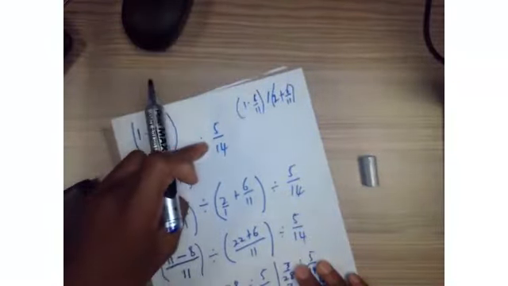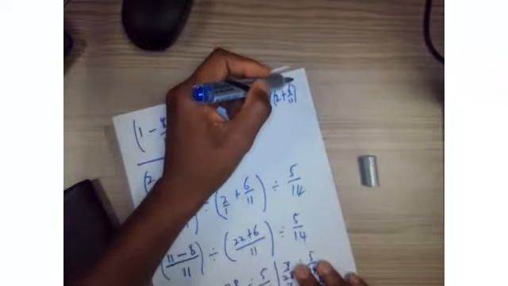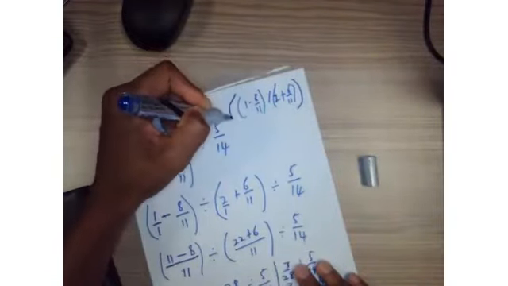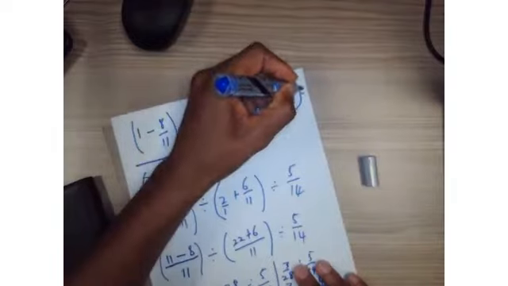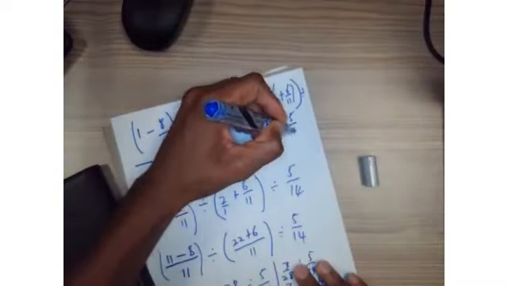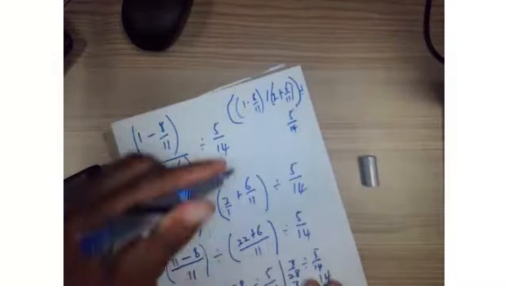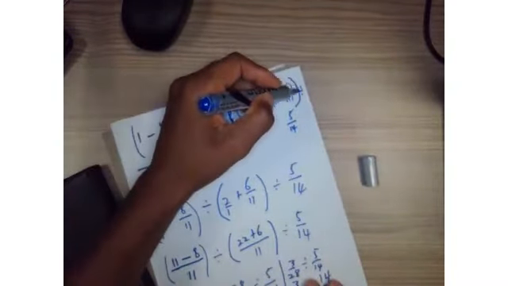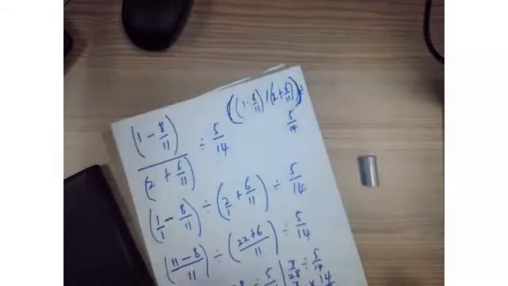But notice this is all divisible. You have to also divide by 5 over 14. Don't make that mistake. Don't forget this outside the brackets, otherwise you're going to get the wrong answer. You're going to be sure that it's right and it's wrong.